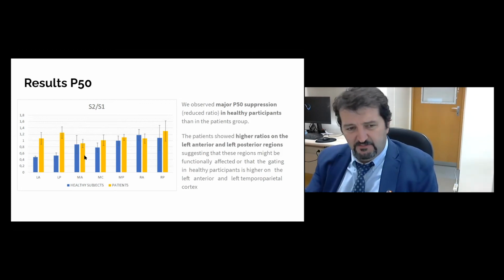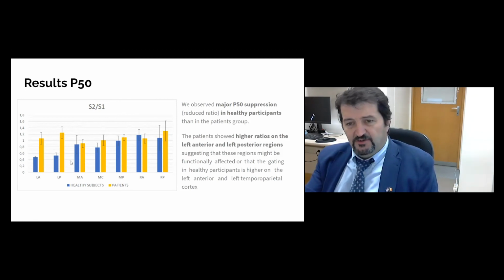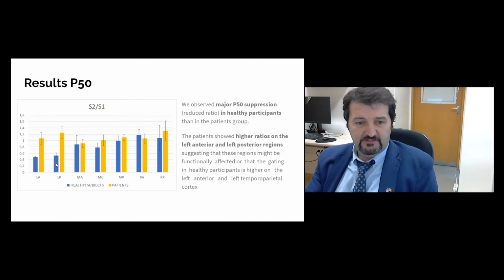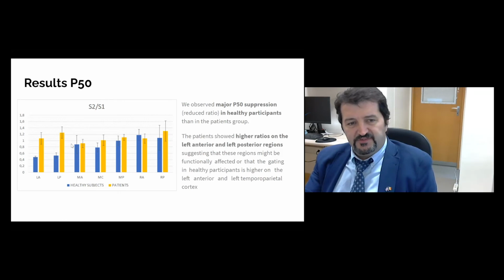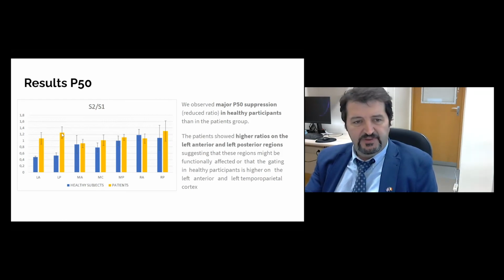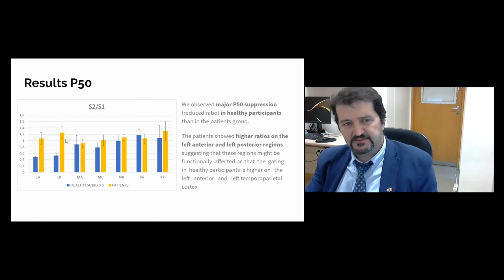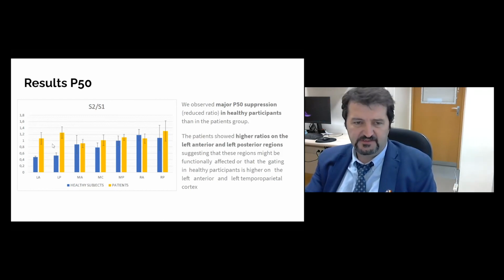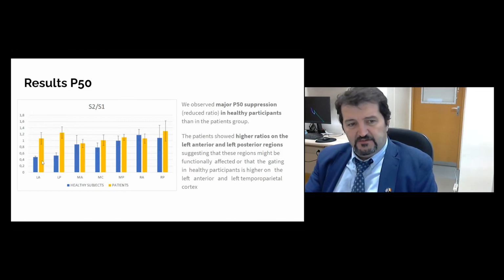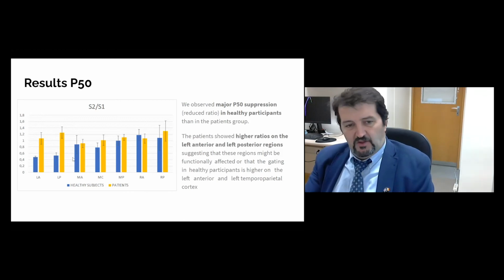The blue are the healthy participants. Why this is, we don't know, and this is very difficult, and we are at the very beginning. We suppose that this impaired sensory gating is because of altered brain regions in this patient group, or that sensory gating is better in this region in the healthy subjects.